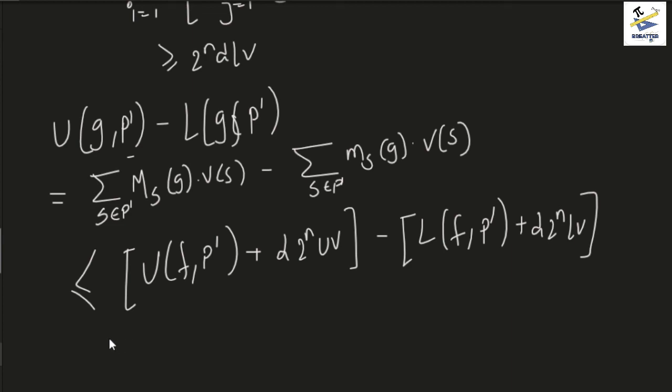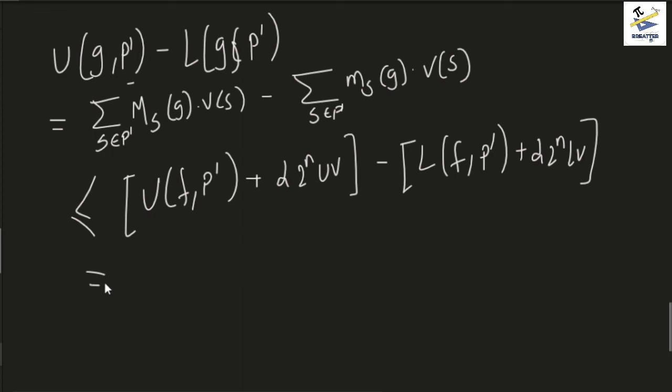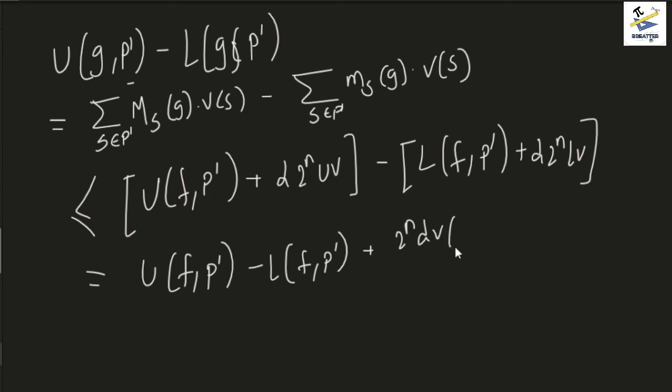And now we can write this as follows: u of f comma P prime minus l of f comma P prime plus 2 to the power n dv into u minus l, and this part is again less than or equal to epsilon by 2. So it's epsilon by 2 plus 2 to the power n dv u minus l.